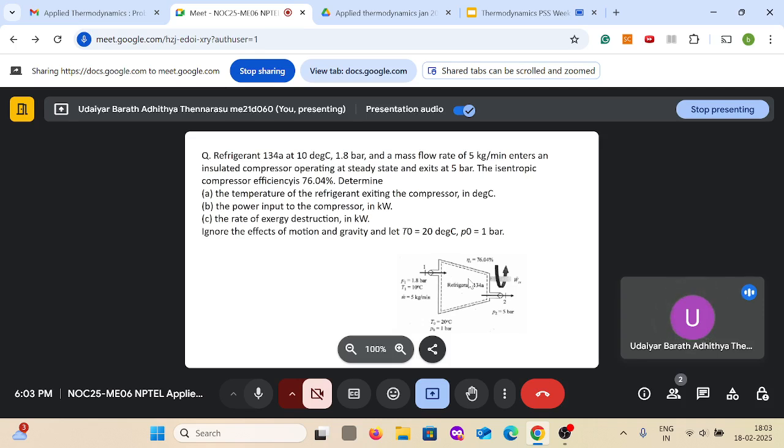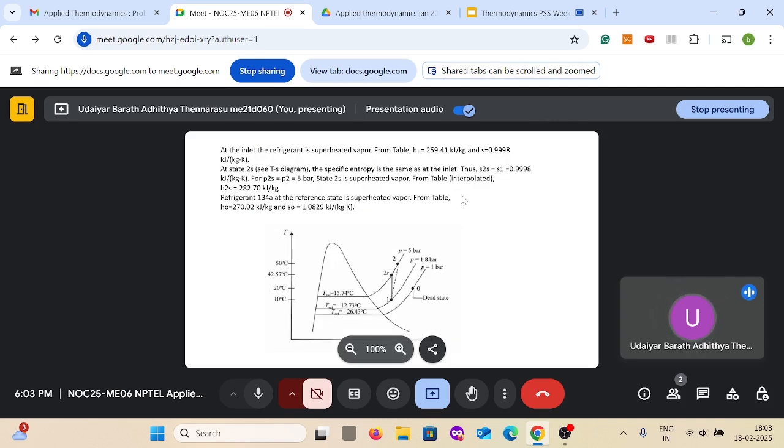So during this compression you are having an isentropic efficiency of 76%, and you have to find out the exit temperature and how much power is taken up by the compressor, and what is the exergy destruction during this process. So we'll see how to solve this problem.